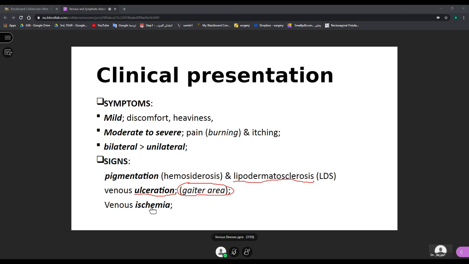This is one point that you need to consider if you are dealing with those patients: sometimes venous disease and arterial disease can coexist. What I mean is that in the same patient you might find venous disease as well as some manifestation of arterial disease.